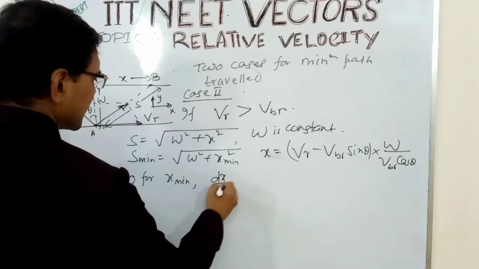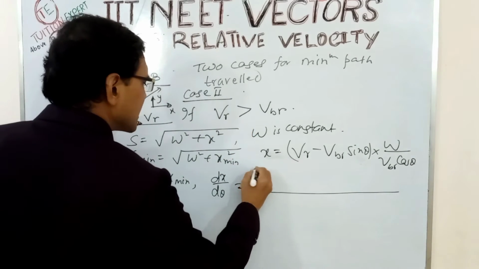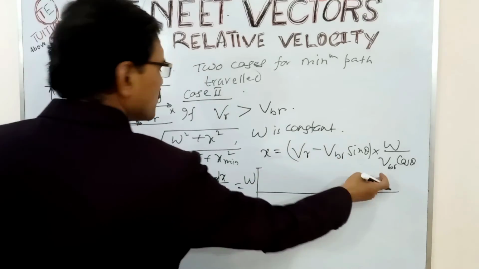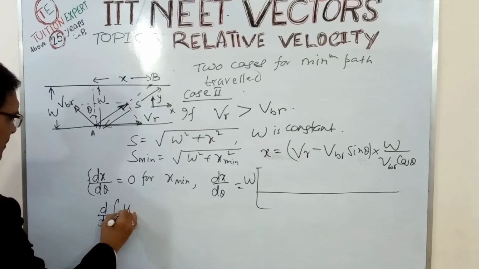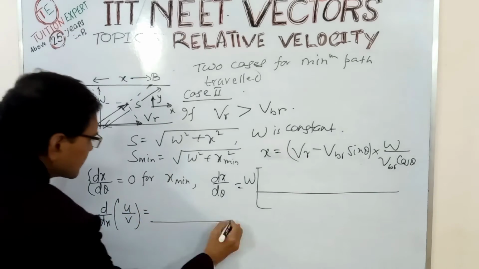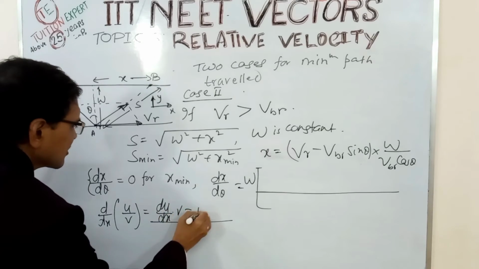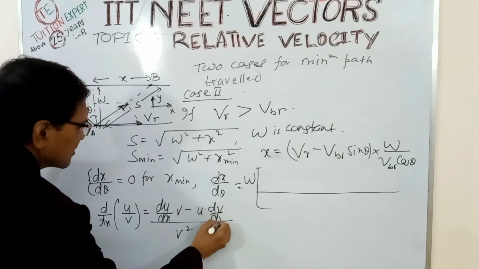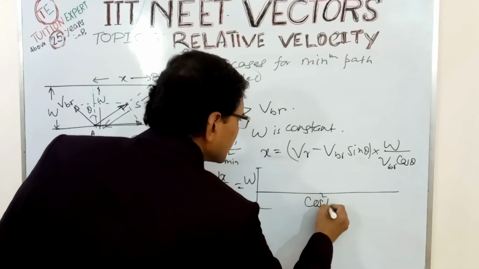So dx by d theta: here w is constant. Now use the formula for u by v. So this is cos square theta.